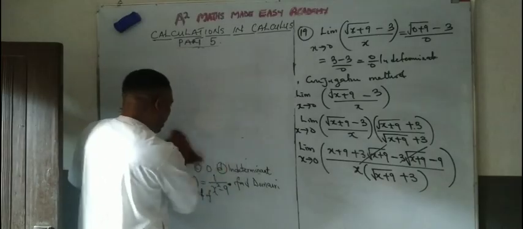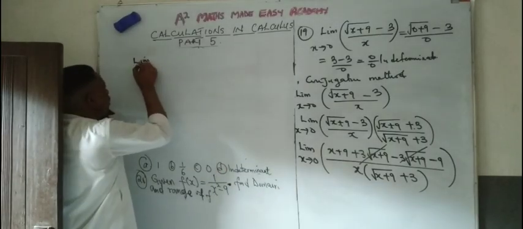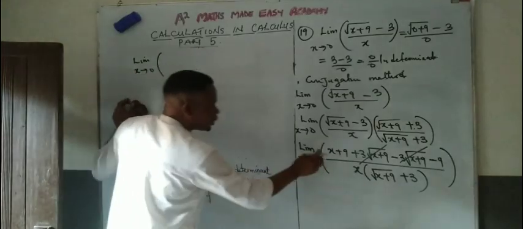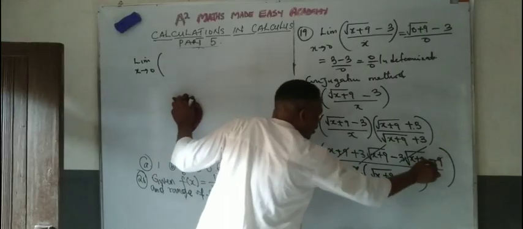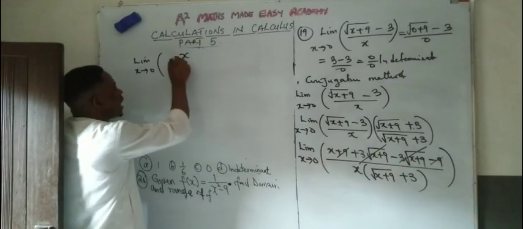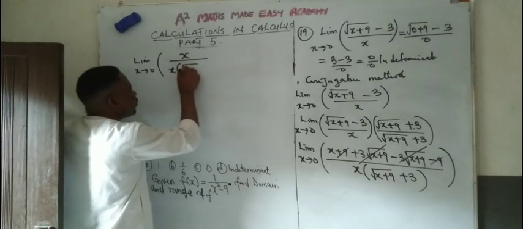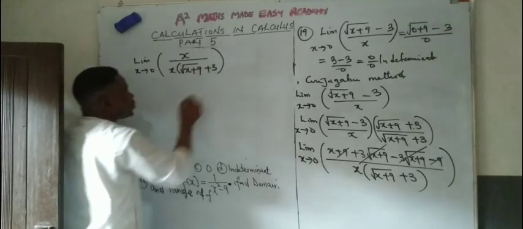How do we progress? I want you to watch. Now, if you continue, you have limit as x approaches 0 of what is remaining? x plus 9 will cancel minus 9. So I will now have only x at the numerator, all over x. Are you with me? Then bracket, square root of x plus 9, then plus 3, close the bracket.